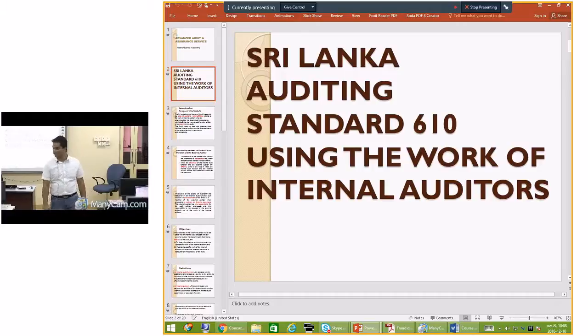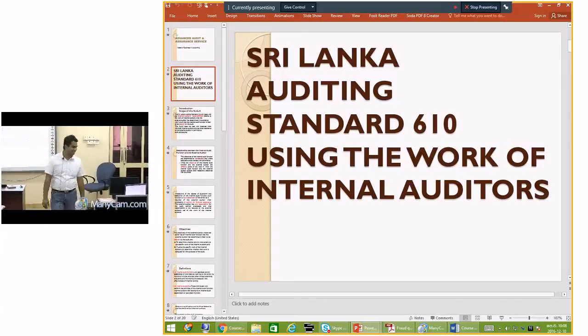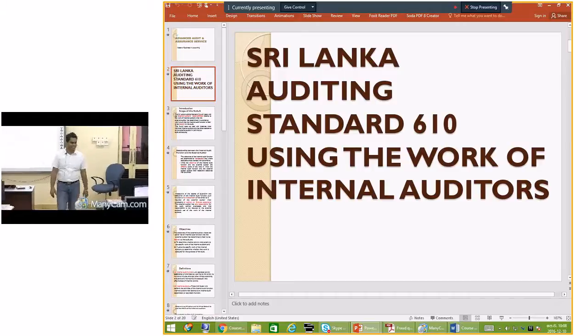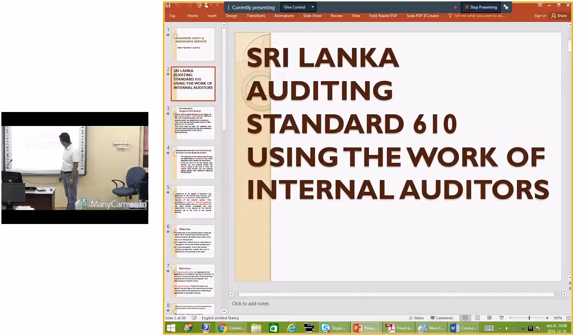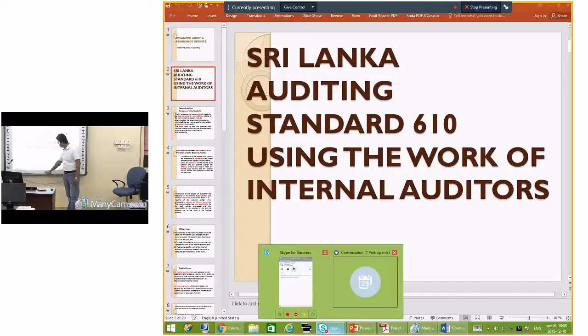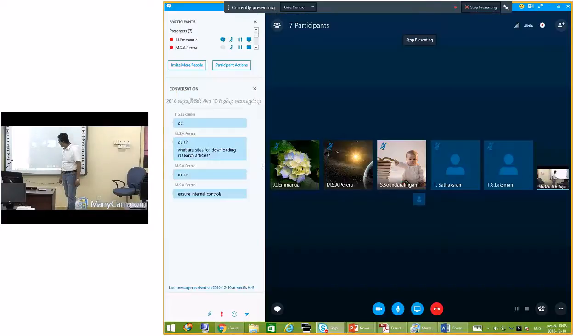How do you feel about internal auditors? Any experience? Is anybody working as an internal auditor? No. Any comments from those who are online?